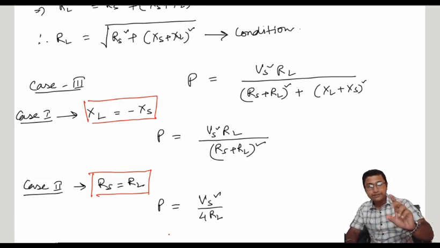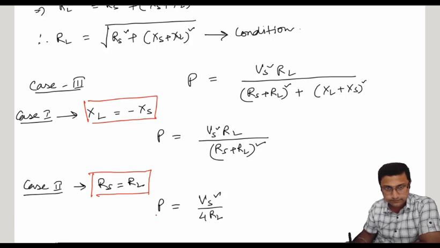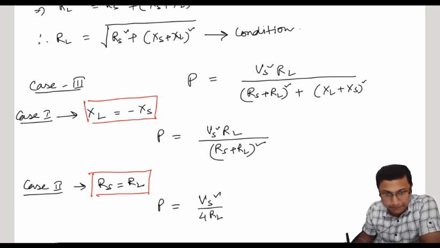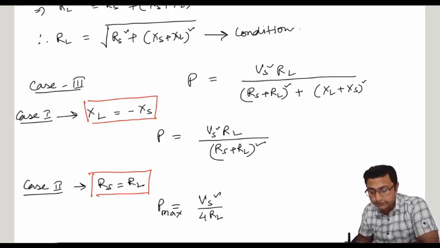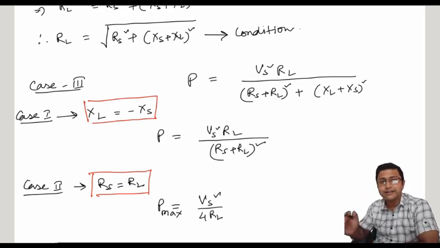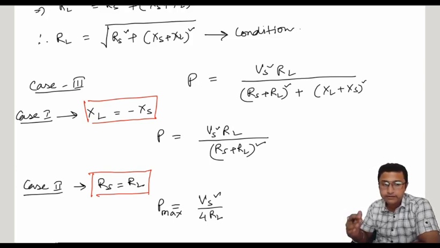So by combining these two cases, where the load resistance and load reactance both are variable, we get the maximum power. So actually it is the P max here, right? Maximum power will be Vs square by 4RL. It is exactly the same as the DC network theorem, right?